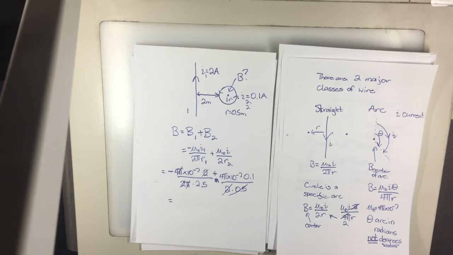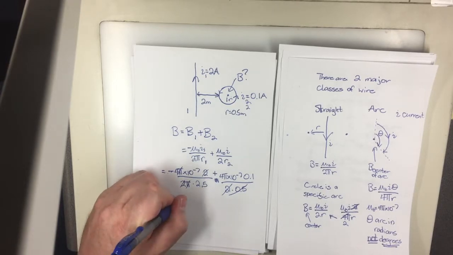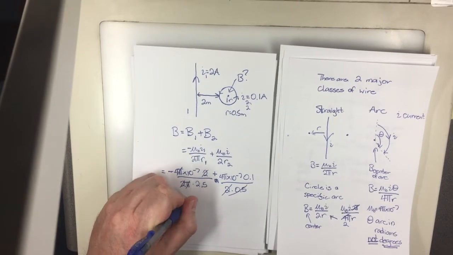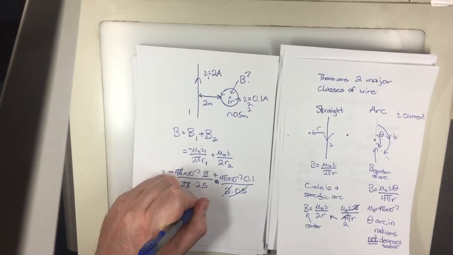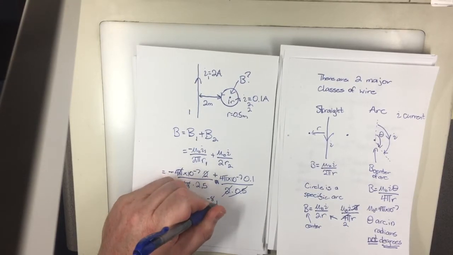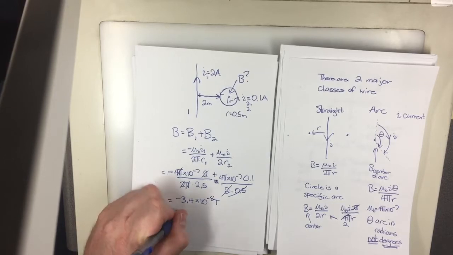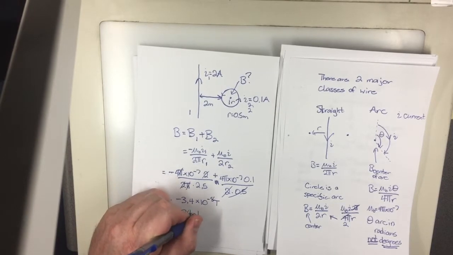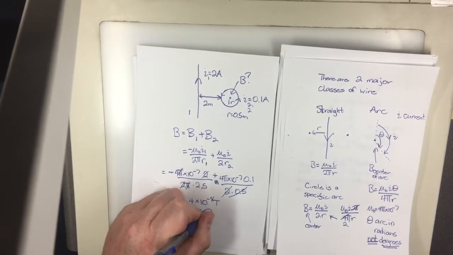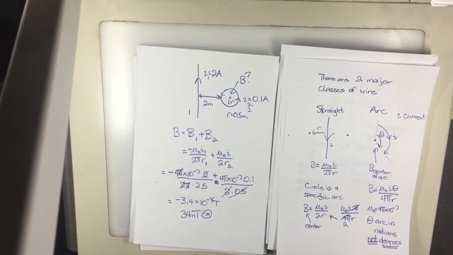I think, and if people make sure that I'm not doing the math wrong, I get negative 3.4 times 10 to the negative 8 Tesla. So this is 34 nanotesla into the page, is how I would answer it.